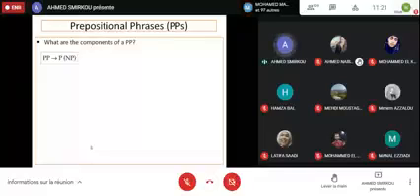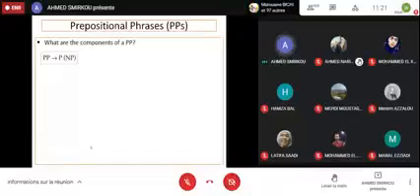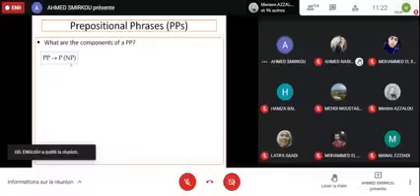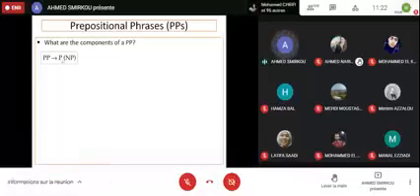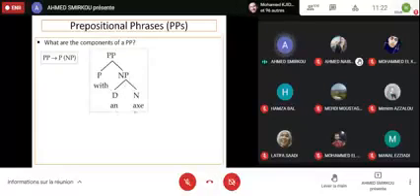A preposition phrase always starts with a preposition, and you will find the noun phrase after it. That's why this is the rule of the preposition phrase. The preposition phrase may consist of only the preposition or the preposition followed by an optional noun phrase.